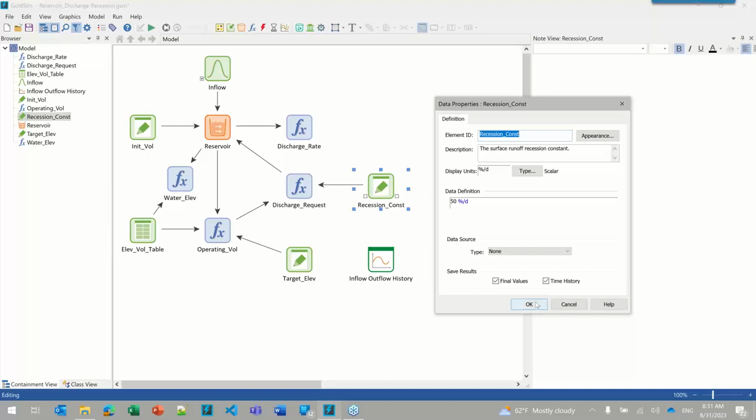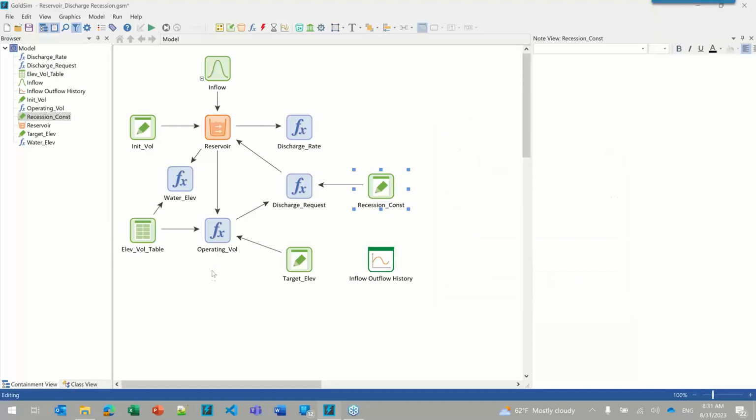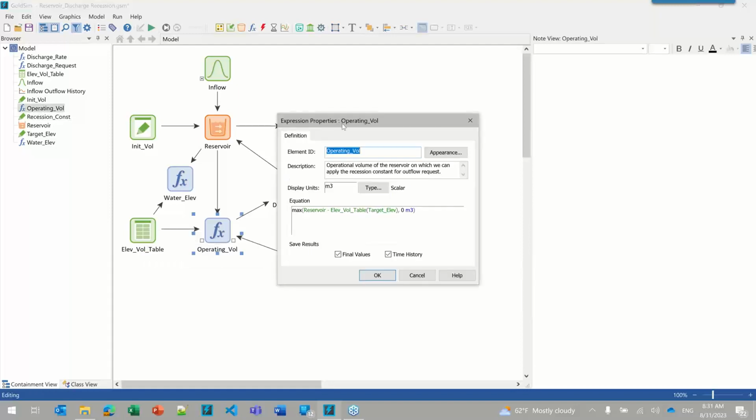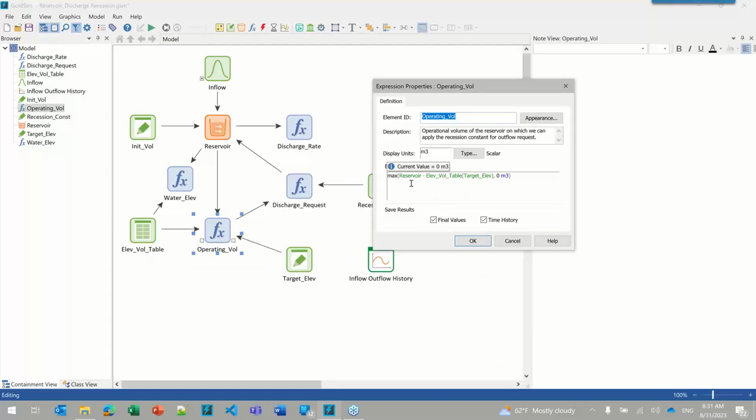And so we have this new thing that I'm calling operating volume. This is the calculated amount of volume of water above our target. I do that using the same elevation volume table, and then I just calculate this as an operating volume, and that's the current reservoir volume minus the volume that would be at the target.